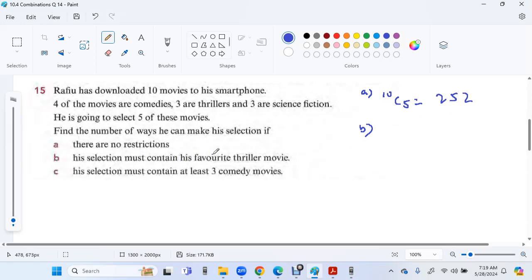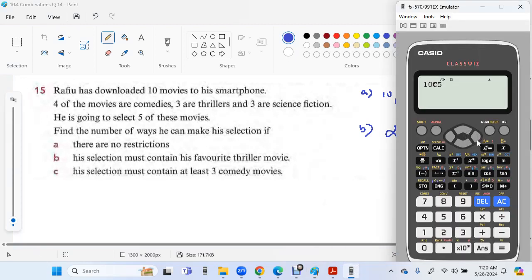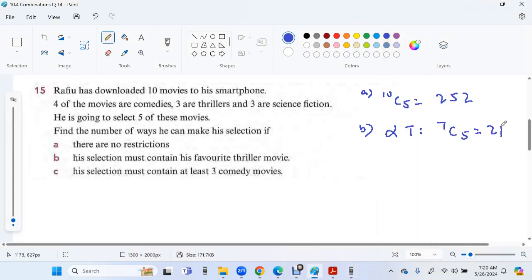B, must contain his favorite thriller movie. So, no thriller, then we have the 7 choose 5. 7C5 is 21. So this will be 252 minus 21.